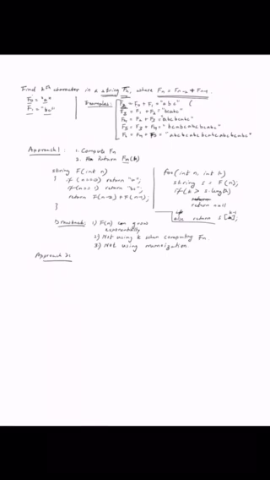F2 is a combination of one f0 and one f1. F3 has one f0 and two f1s.